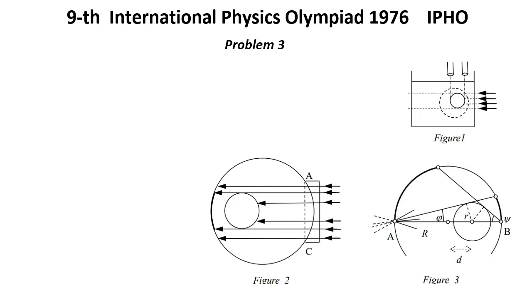The image of the bubble seen from both directions along the axis is a circle. If the sphere is immersed in a liquid of the same index of refraction, the spherical bubble is practically inside a parallel plate, figure 1.